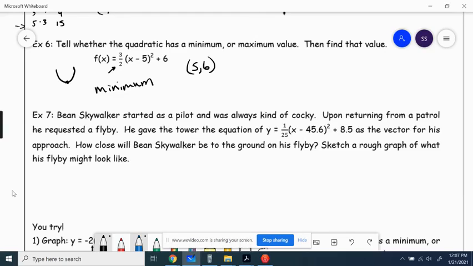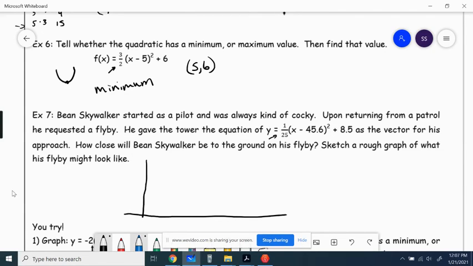Okay, well, again, this is going to be really rough, but here's my y-axis, here's my x-axis. We know that this is going to be a very wide looking parabola because the absolute value of A is less than 1, right? Because this is a fraction.